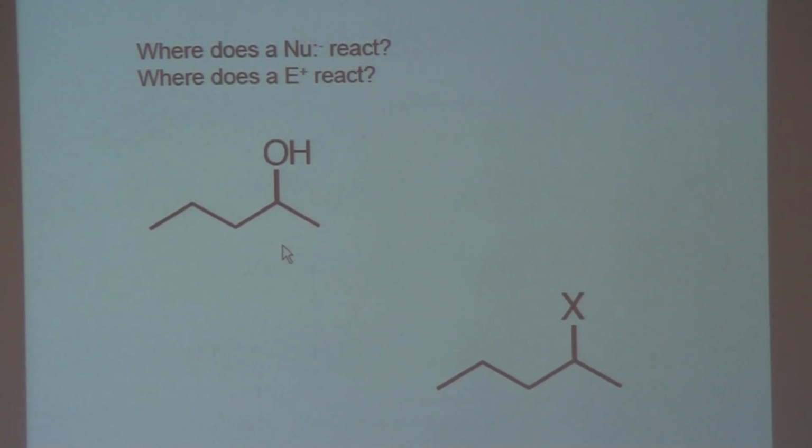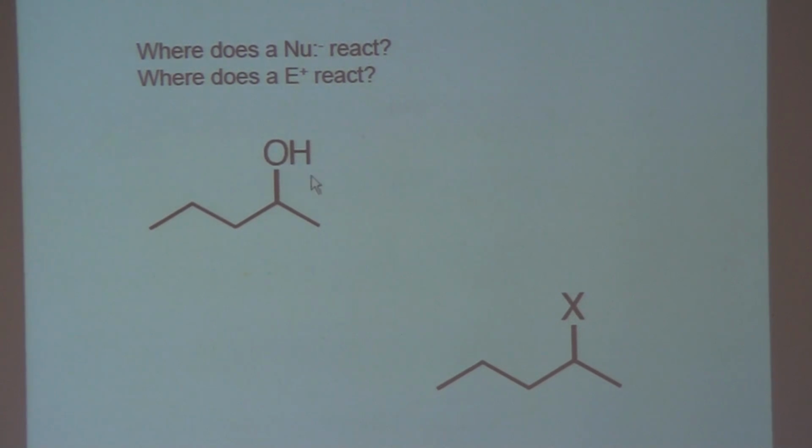Okay, so like you said too, these are substitution or elimination reactions. So where does an electrophile react? Anywhere else? The beta carbon. The hydrogen.